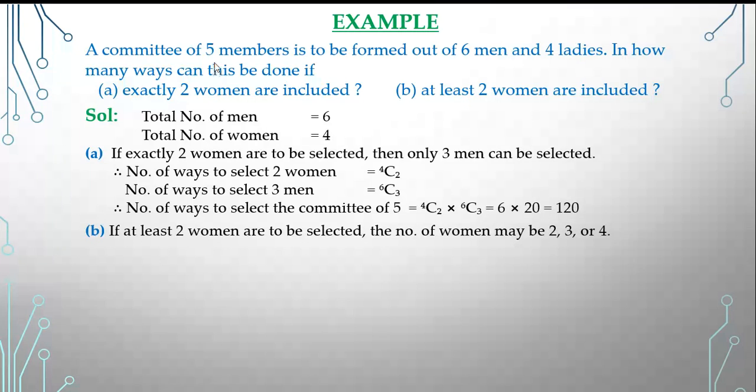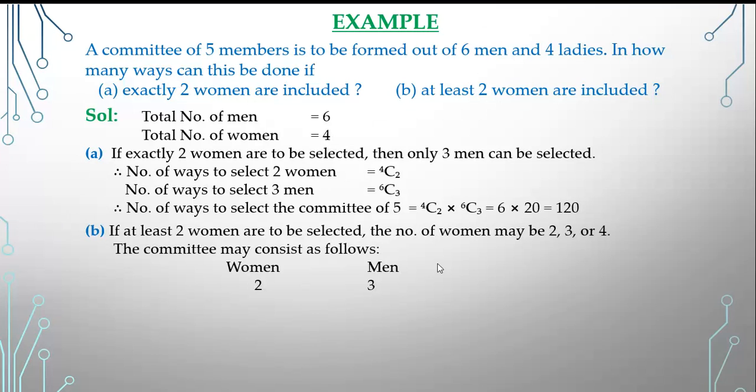So how many cases arise here? The first case is 2 women and 3 men, then 3 women and 2 men, and 4 women and 1 man.